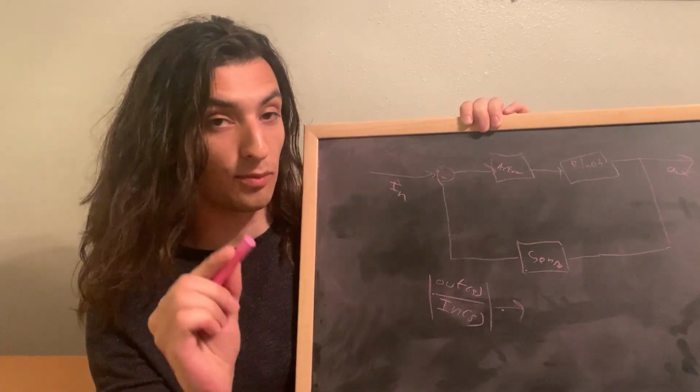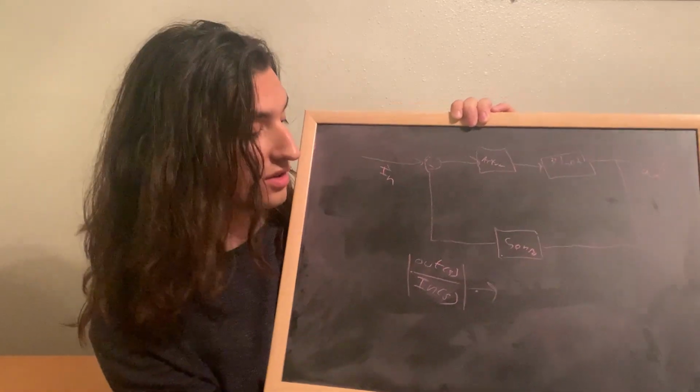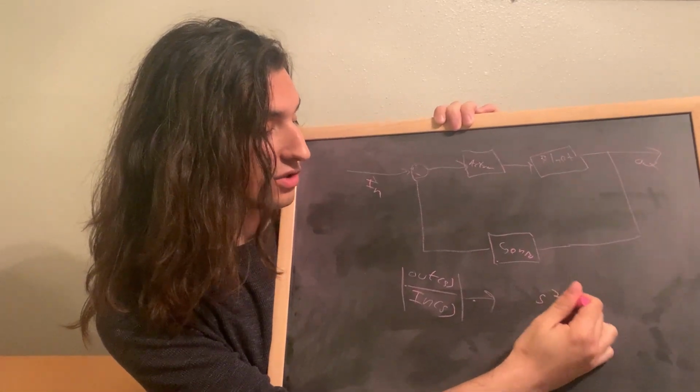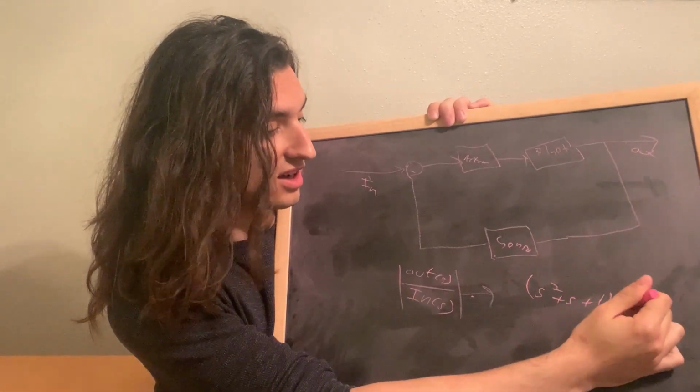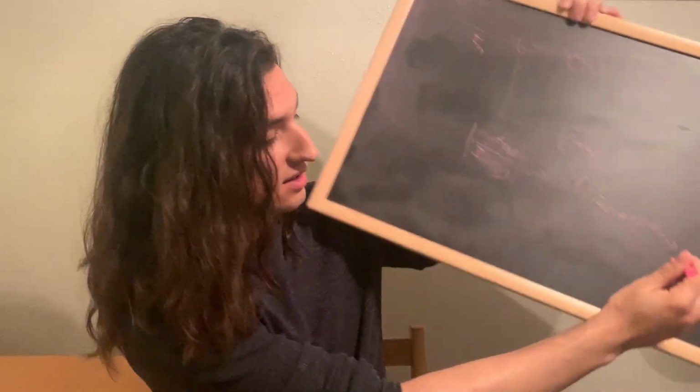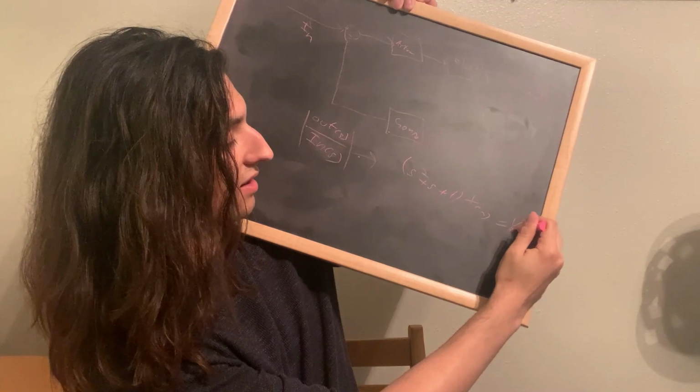How this relates to our previous dynamics, we converted that differential equation to Laplace. So we had s squared plus s plus 1 times x of s is equal to y of s.